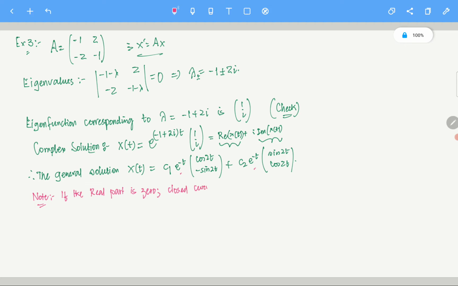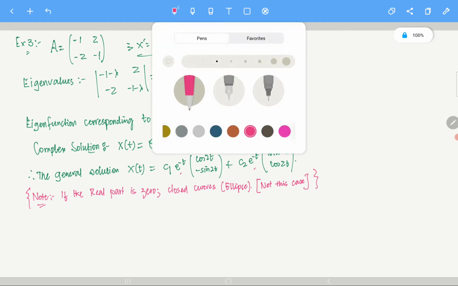It will give you closed curves. Basically it will give you ellipses. So if the real part is 0, that is this case. But let it be very clear, this is not our case. This is for another, different case which you may encounter.